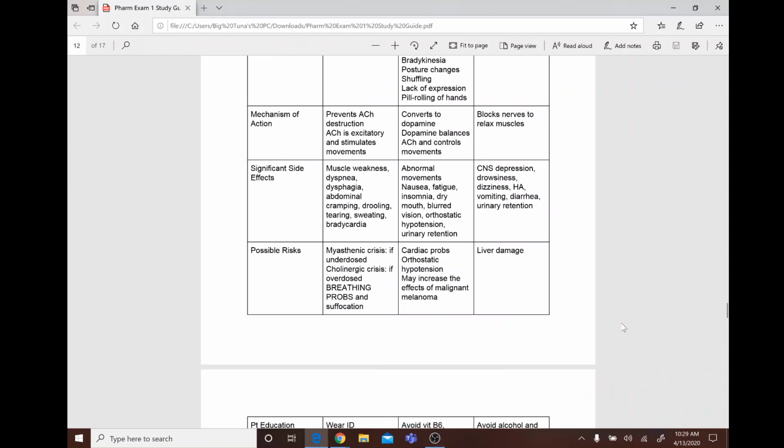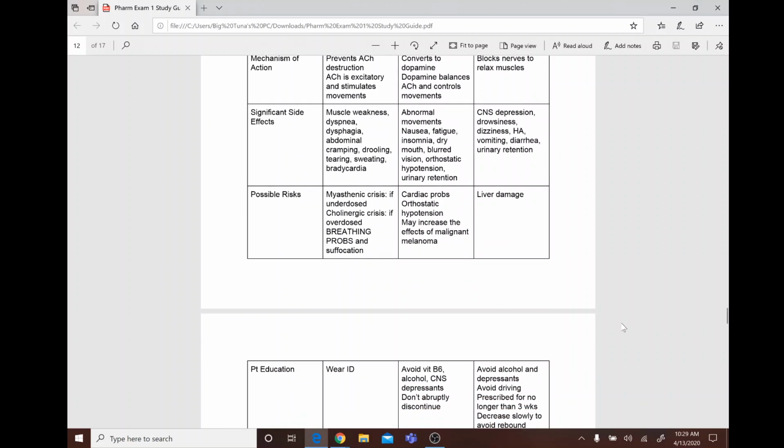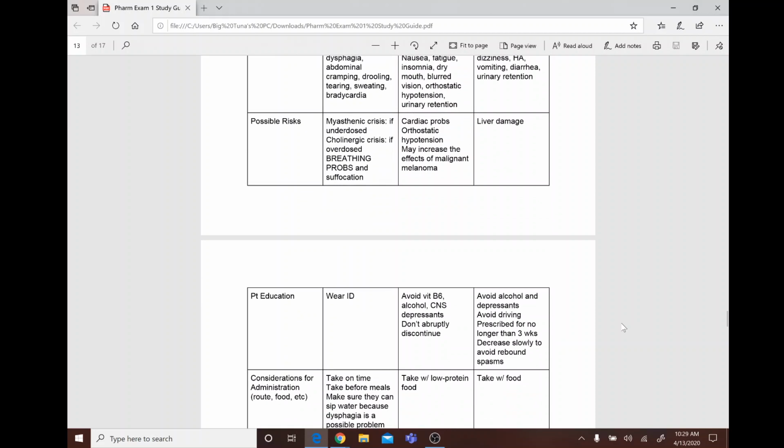Abnormal movements, nausea, fatigue, insomnia, dry mouth, blurred vision, orthostatic hypotension, and urinary retention. What are the possible risks of someone taking carbidopa and levodopa? Cardiac problems, orthostatic hypotension, may increase the effects of malignant melanoma.